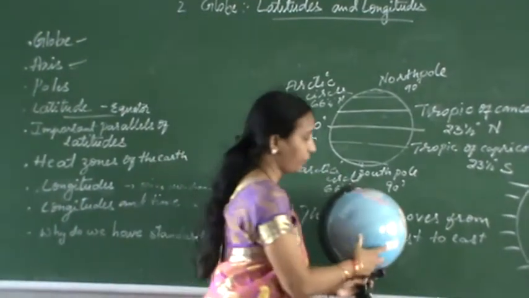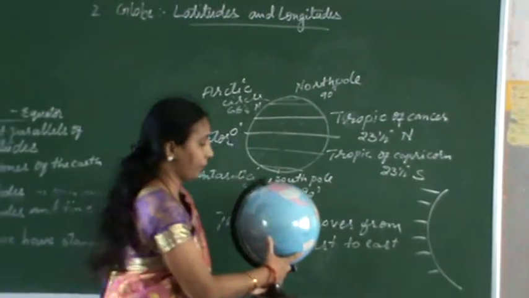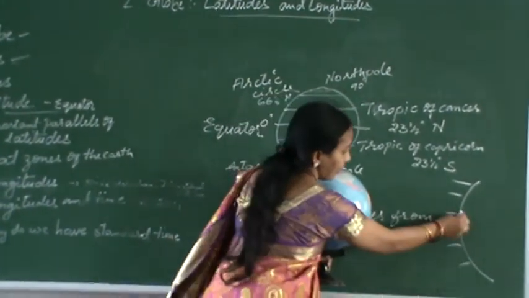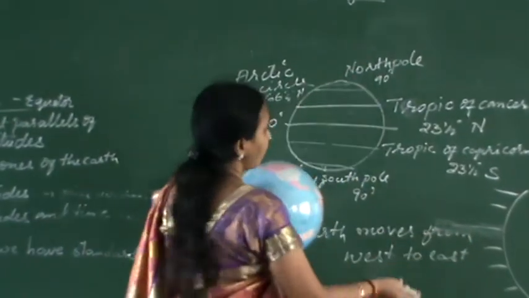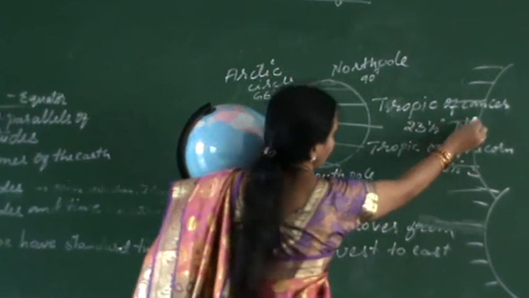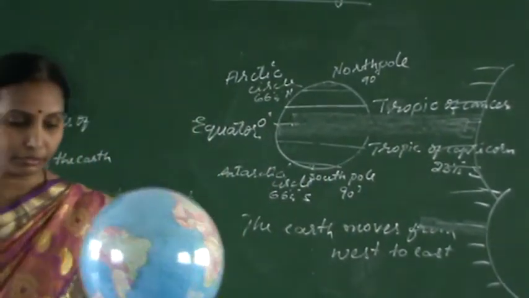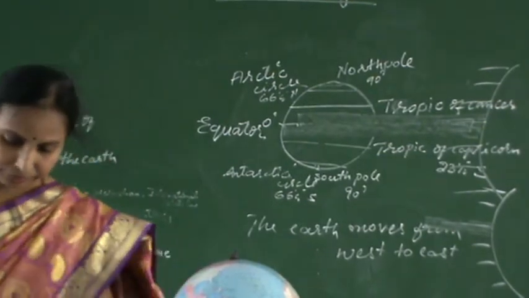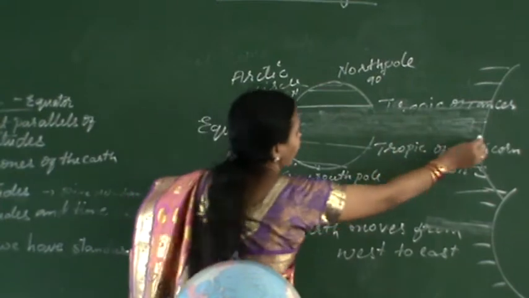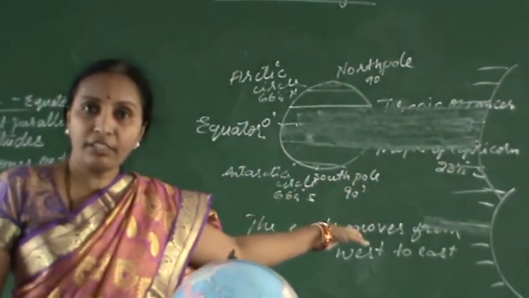Now take the globe. Sun rays are falling here, on this latitude. You will see these sun rays. These sun rays are exactly overhead once in a year.